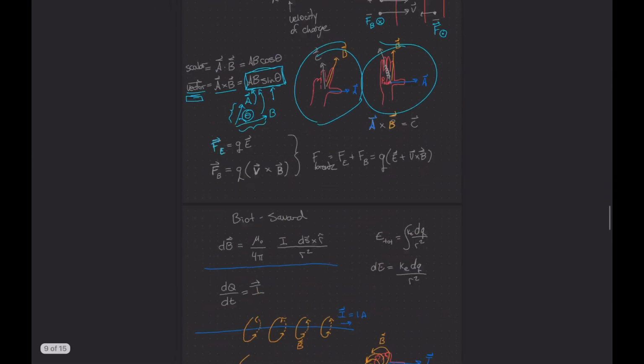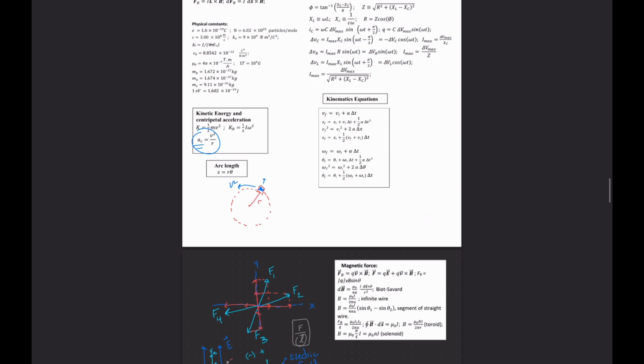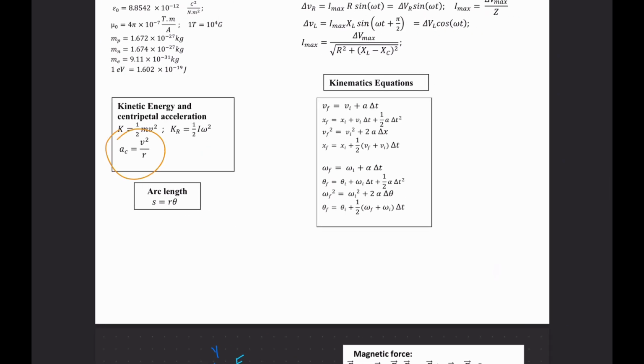Okay, very quick kind of problem with the deflection chamber introduction, and also that is where this equation here is used, a_c is equal to v squared over r. Very quickly, the deflection chamber normally asks you what is the radius of curvature. If you have F_B equal to qvB, sine theta we said was 1, and this gives you mv squared over r. This is Newton's law, ma, in this case a is the centripetal acceleration.